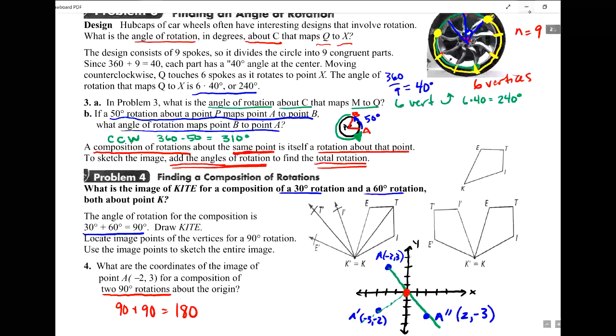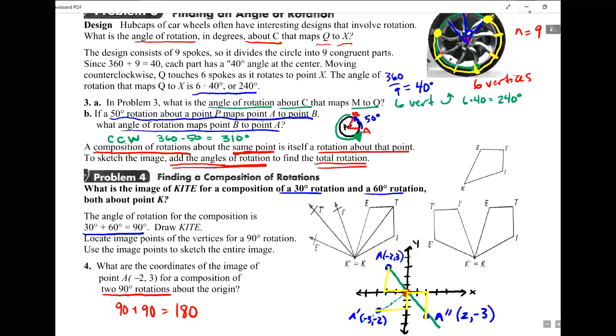Now, coordinate planes are kind of neat in that if we go over -2, up 3, if I'm going 90 degrees, right, I go 2, 3. And then if I wanted to rotate it one more time, I would go 2, 3. So you can do it that way, right? Because these are just right triangles, and I'm just imagining that triangle and rotating it around.